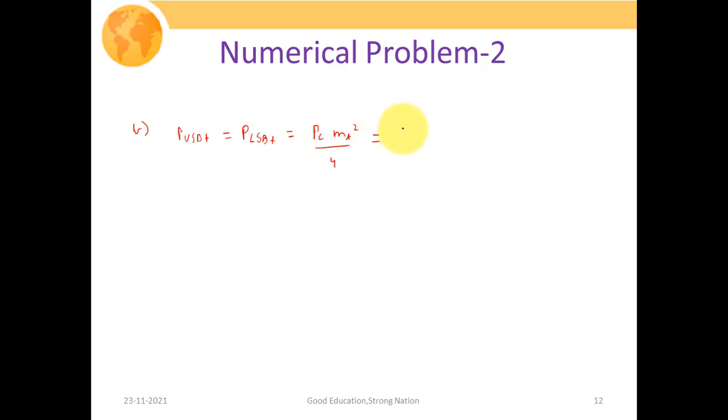PC is given to us, that is 100, and MT is the square root of 0.29. So this 100 will get cancelled with the denominator, and we are left with 7.25 watts.